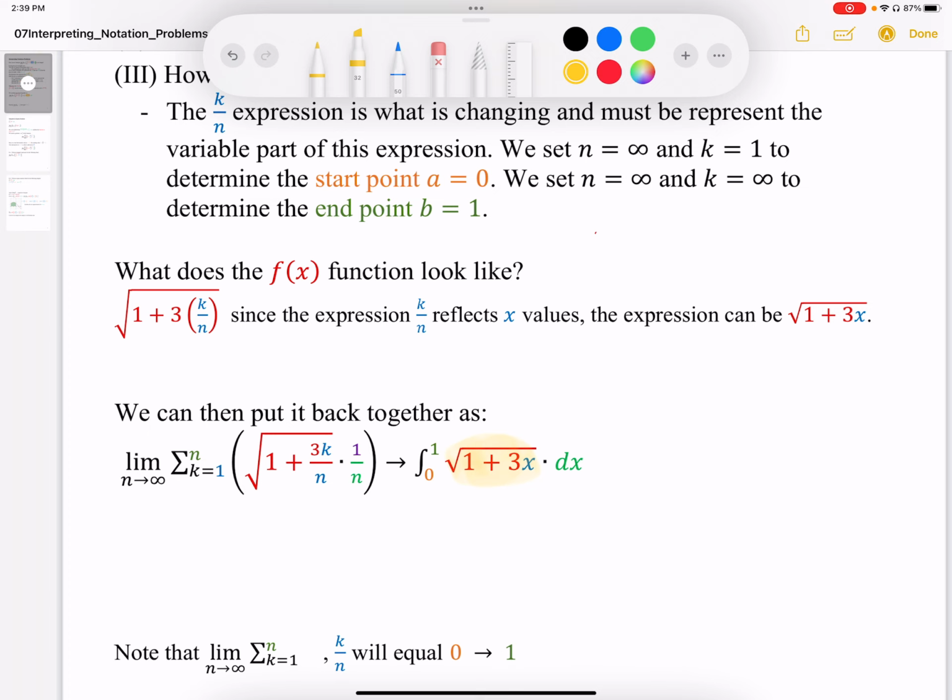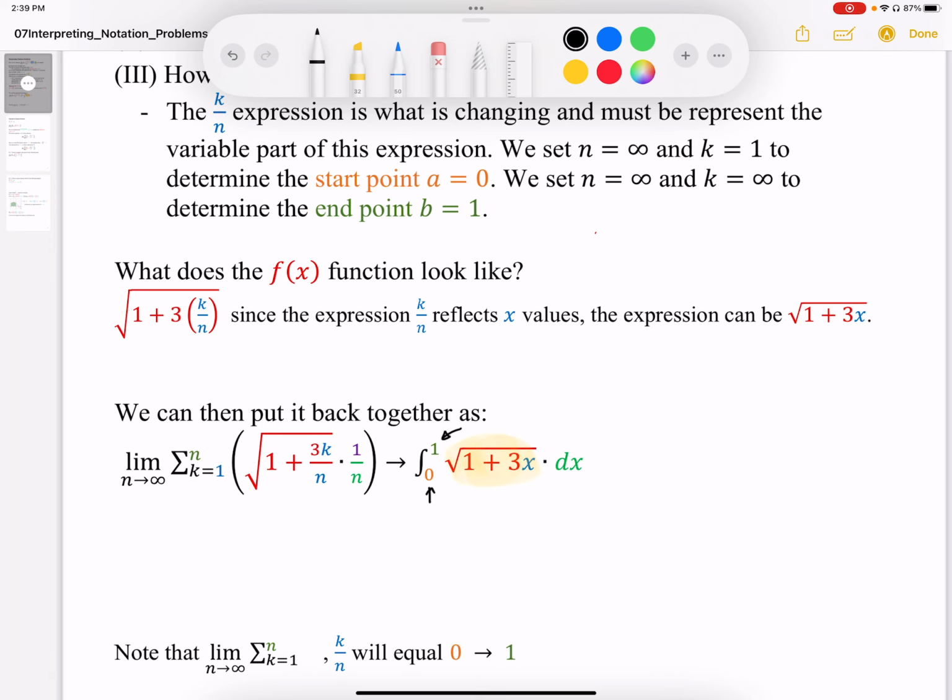We plug in k equals 1, n equal to infinity, which gives us our starting value, in this case 0. And when k is infinity and n is infinity, we get our ending value, in this case 1.